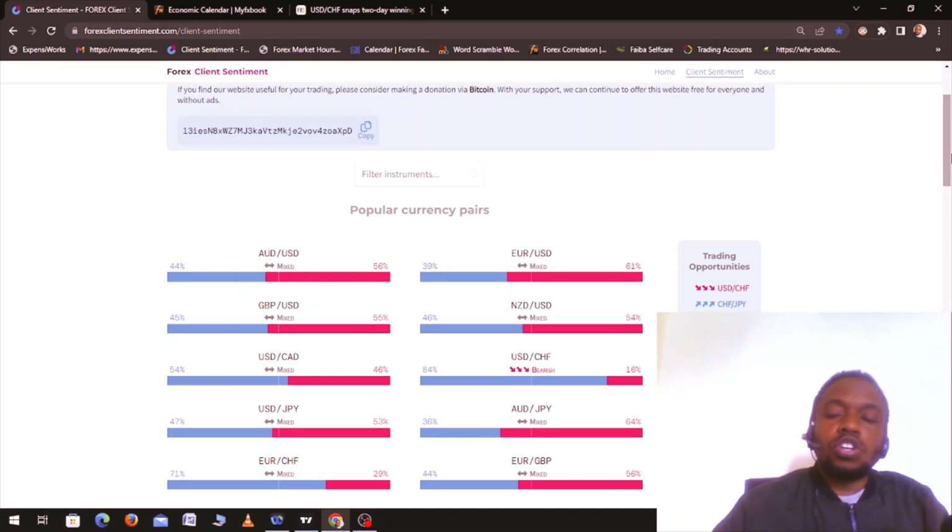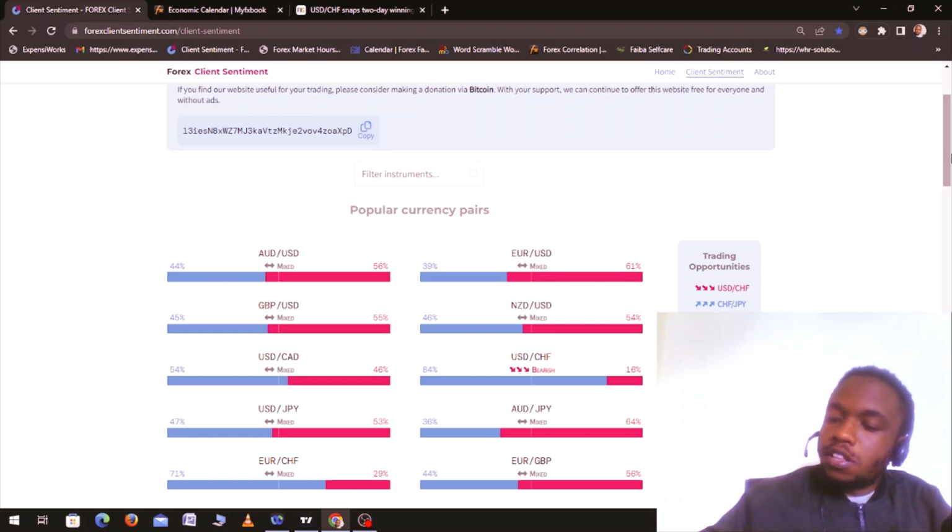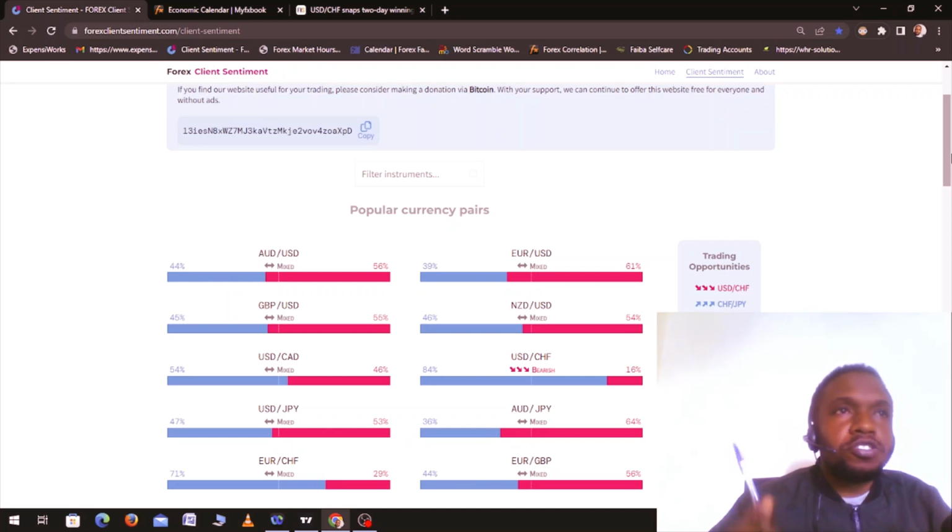That's why it's good to apply proper risk management. Any successful trader should consider proper risk management, because there are traders who make a lot of profit but end up losing all of it because they risk what they can't afford to lose, and this is bad for business. If you treat trading like a business, it will work for you.